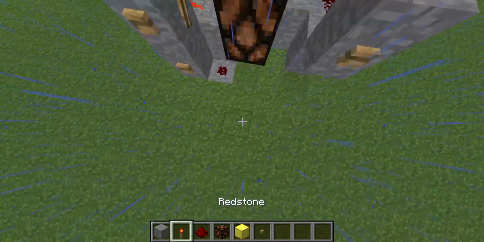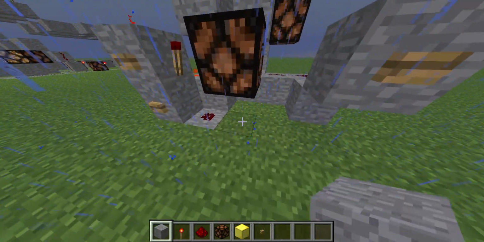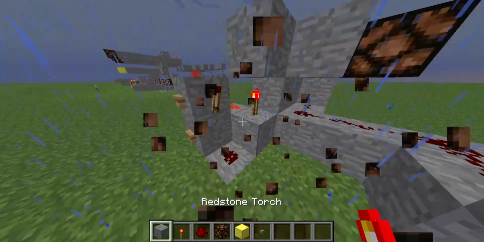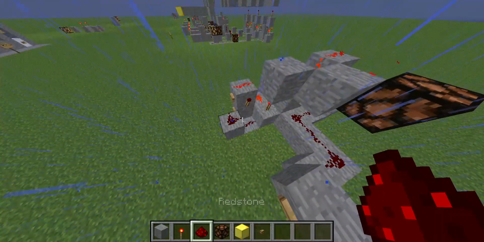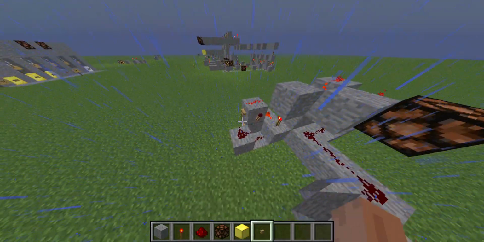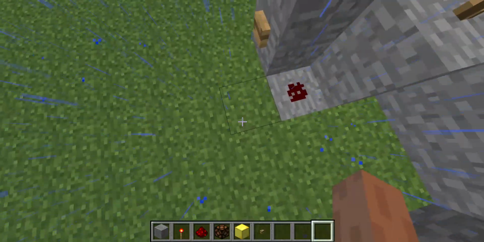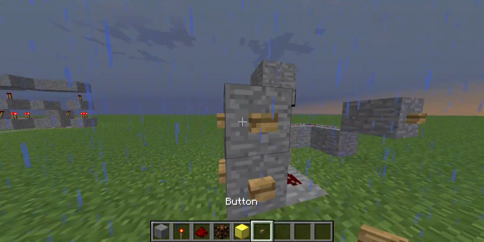Technically, you could just see this as a glorified AND gate, or you could just remember this as, you know, what it's supposed to be. So if we just, let's go and move these buttons over here.